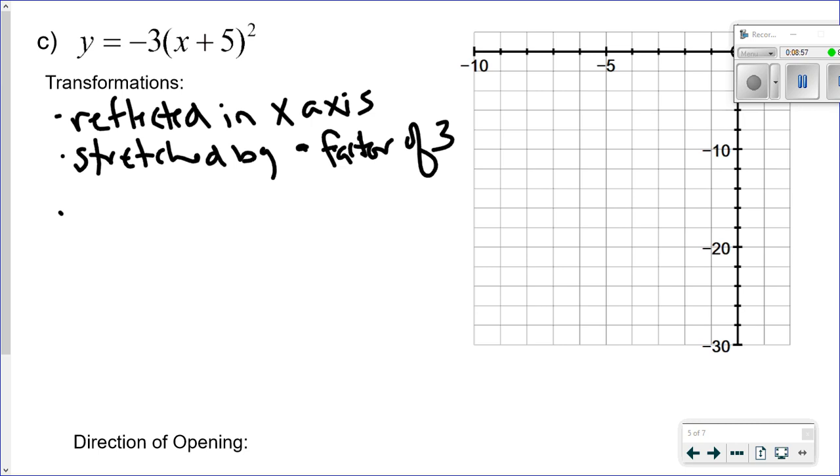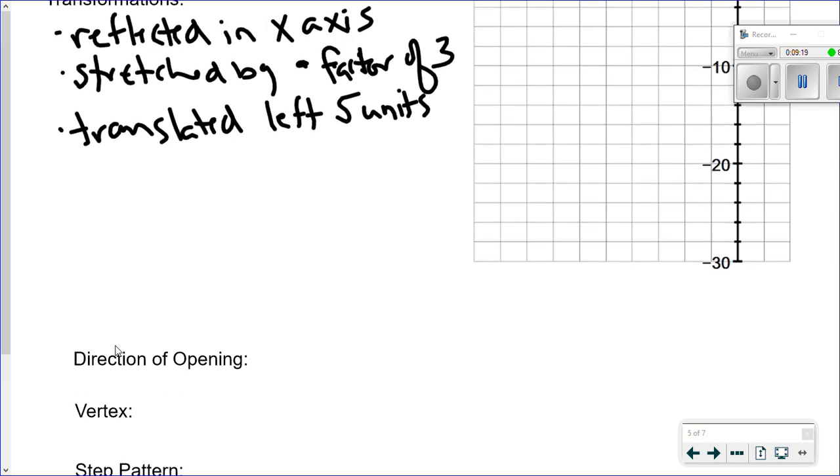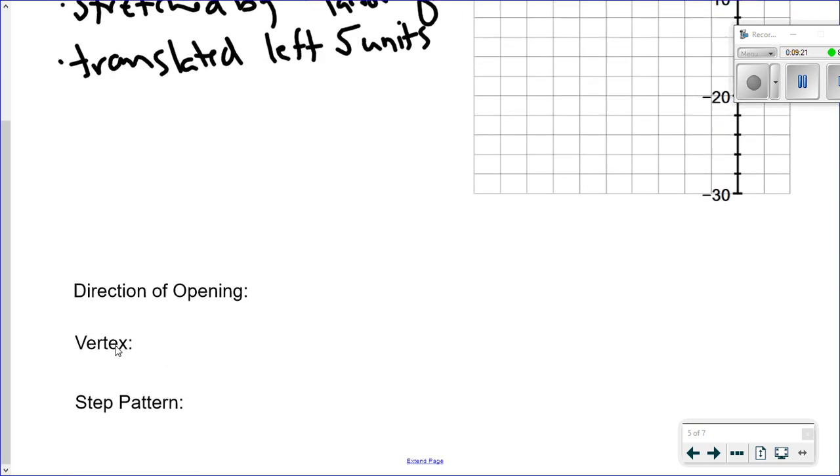Now this time, instead of it, and it always messes with my head, so since it's in the brackets, we got to change the sign. Okay? So it's a negative A, so it's opening down.